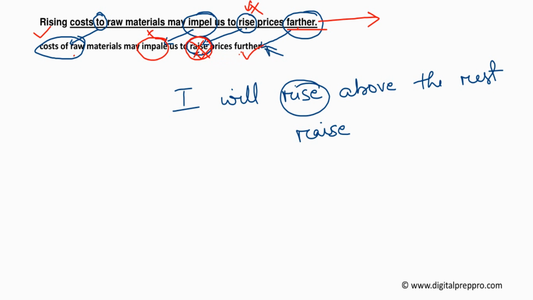So this is how small little changes in the words might give you a lot of change in the meaning, and this is why the meaning of the words is very important in GMAT examination questions, and specifically in sentence correction questions.